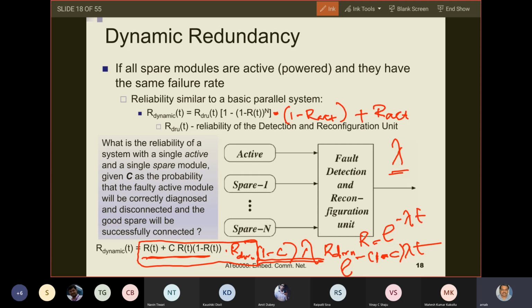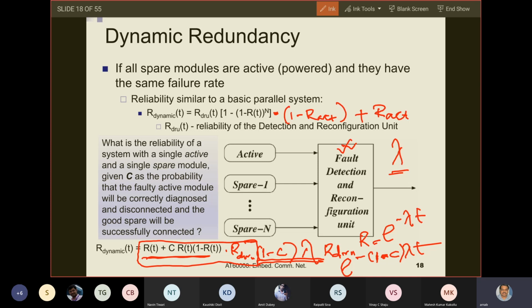So the probability that a fault in the active module will be correctly diagnosed, this C, is based on the assumption that the fault detection and reconfiguration unit is correctly working. The reliability of the fault detection and reconfiguration unit itself is not included in C. C is the probability that, given a correctly working fault detection and reconfiguration unit, the fault in the active will be correctly diagnosed, disconnected, and a good spare successfully connected.